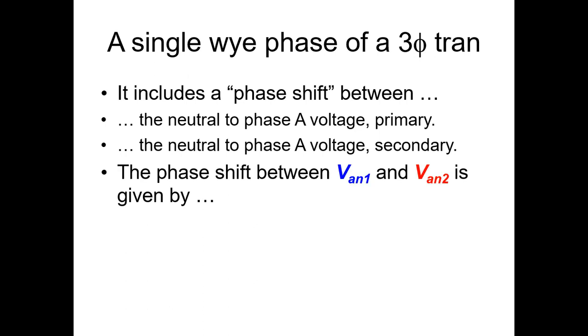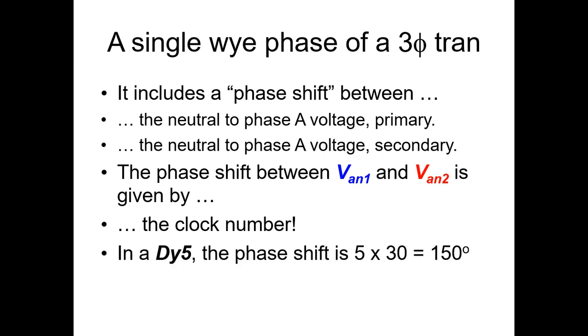There is a phase shift between the neutral to phase A voltage in the primary and the neutral to phase A in the secondary, and it's given by the clock number. We know that. As an example, in a Dy5, there's a phase shift of 150 degrees between the neutral to phase A in the primary and the neutral to phase A in the secondary.